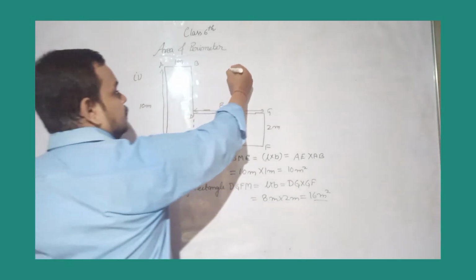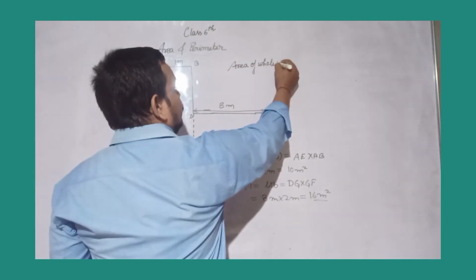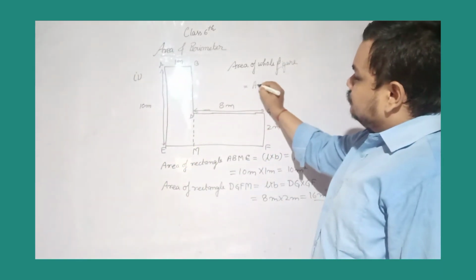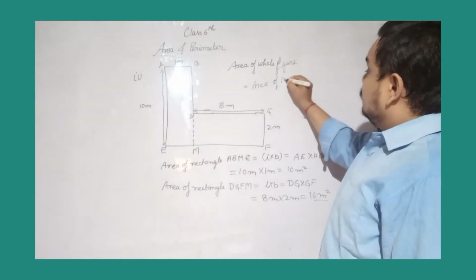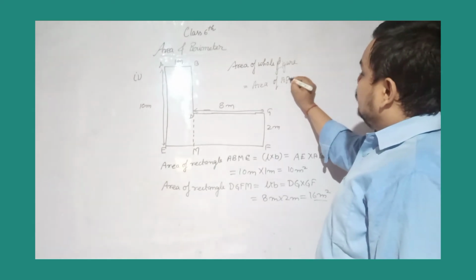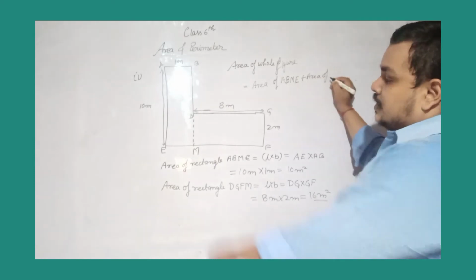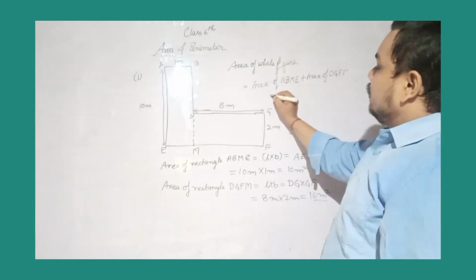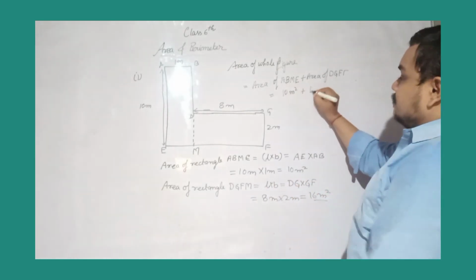So we can write here, area of whole figure is equal to area of ABME plus area of DGFM, and the first area is 10 meter square and the second area is 16 meter square.